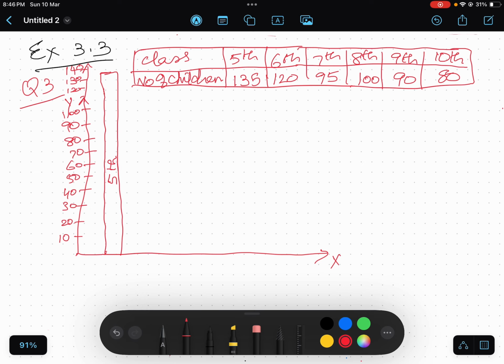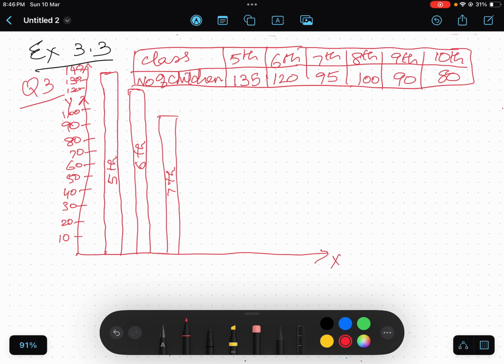The 6th one is 120, so 120 is here somewhere. Again, just draw the vertical lines. I told you we have to leave one box in between. So 6th is over. For 7th it is 95, so somewhere here. Just join this.